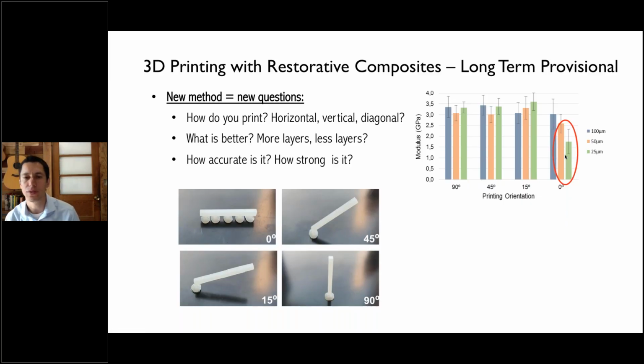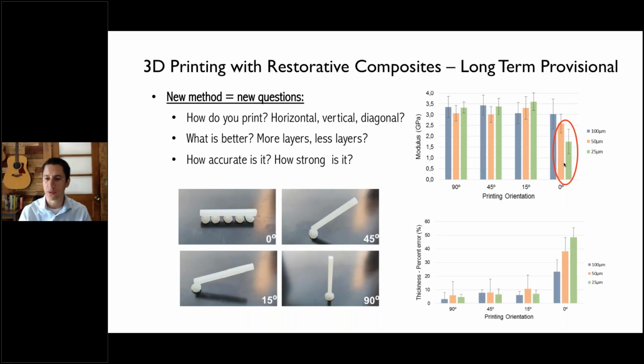And we believe that has to do with the delamination or the weaknesses between the individual layers that are being built. We also found something similar as far as the accuracy. Basically, the same thing that we saw earlier. If you go down to a 0 degree in printing, you increase the inaccuracy of the printing process.